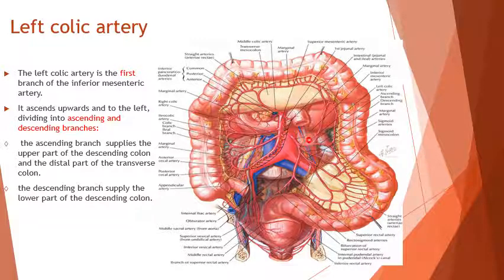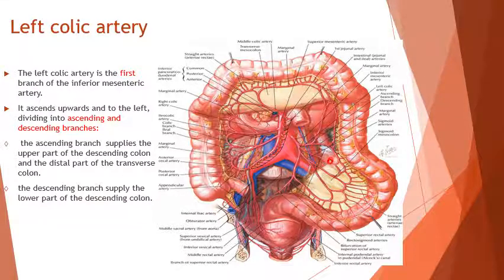The ascending branch anastomoses with the left branch of the middle colic artery. We had studied earlier that the middle colic artery divides into a left branch and a right branch. And the descending branch anastomoses with one of the sigmoid arteries.